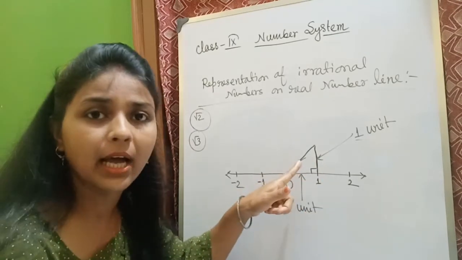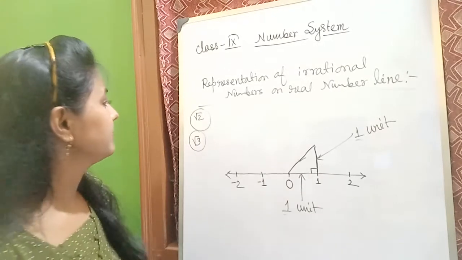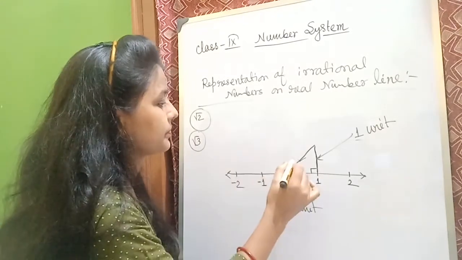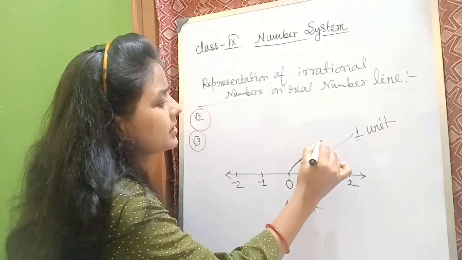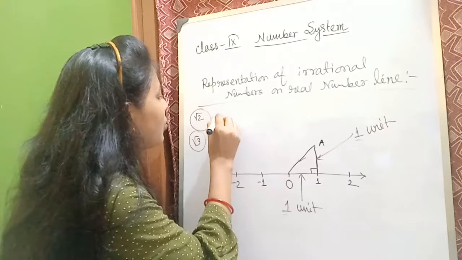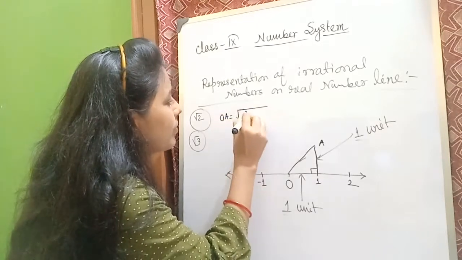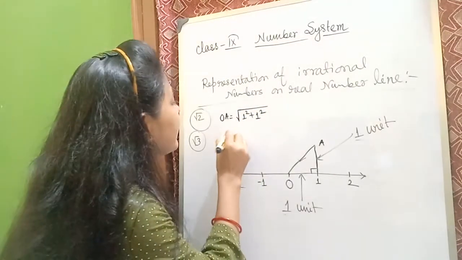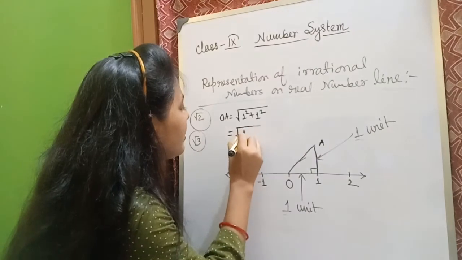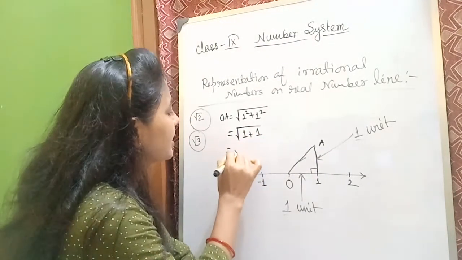So you can find the hypotenuse by Pythagoras theorem. From this triangle, suppose I am giving this name as A. So OA is root over of 1 square plus 1 square. That means it is 1 plus 1, right? That means it's root 2.